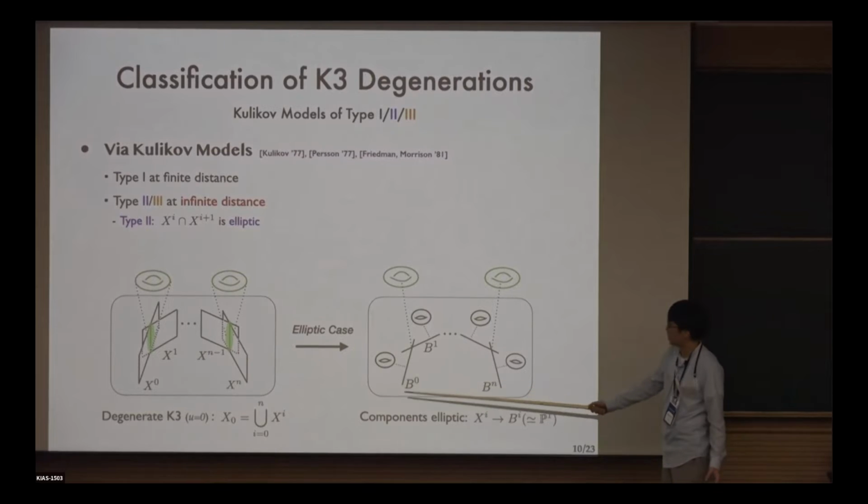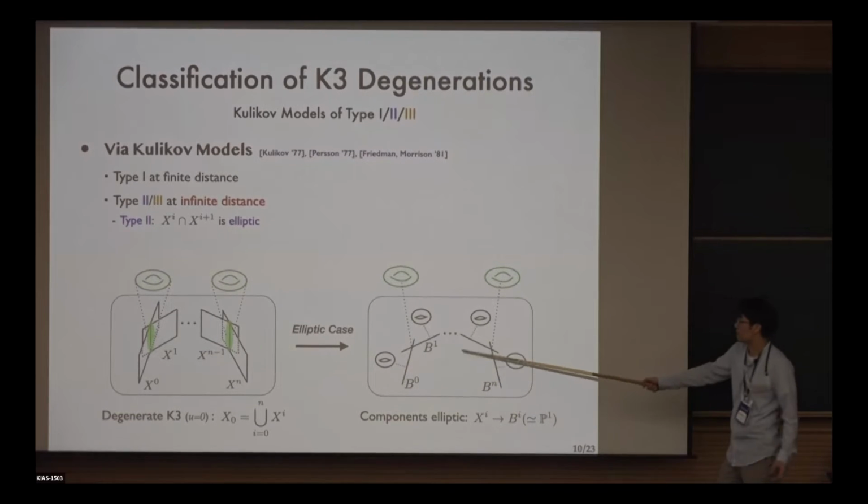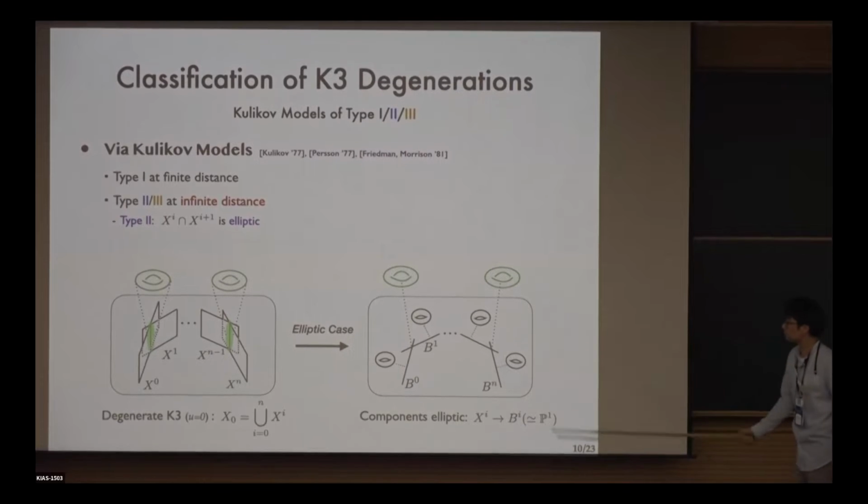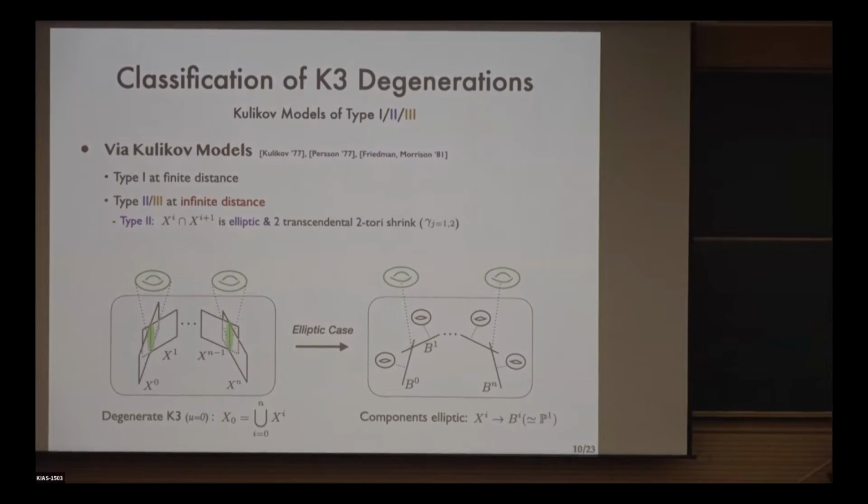And therefore, each component should itself be elliptic over its own rational base in this form. And furthermore, we can say that there should arise 2 transcendental 2-tori that shrink in the limit, and we will denote them by gamma 1 and gamma 2. And then I will talk about the physical importance of these objects shortly.